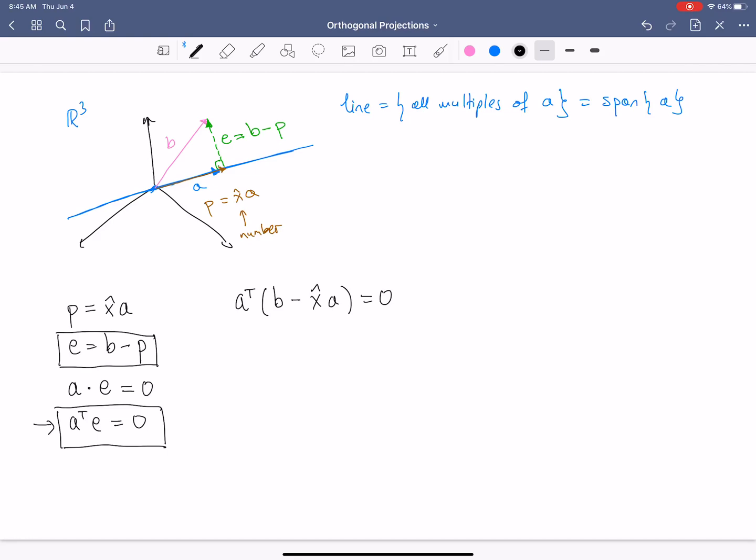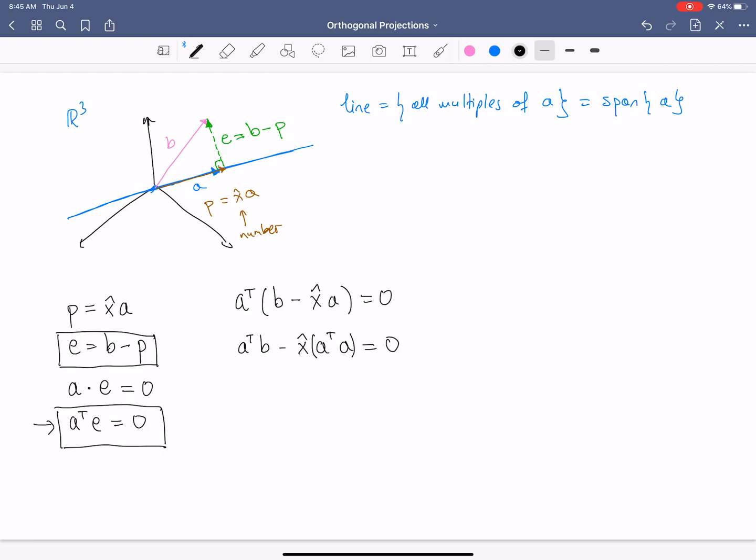So if we open brackets here, we're going to have A transpose B minus, and when we're very careful about matrix multiplication, remember vectors are matrices, A transpose x hat A. However, because x hat is a number, it can come up front. So I want to write x hat A transpose A equals 0.